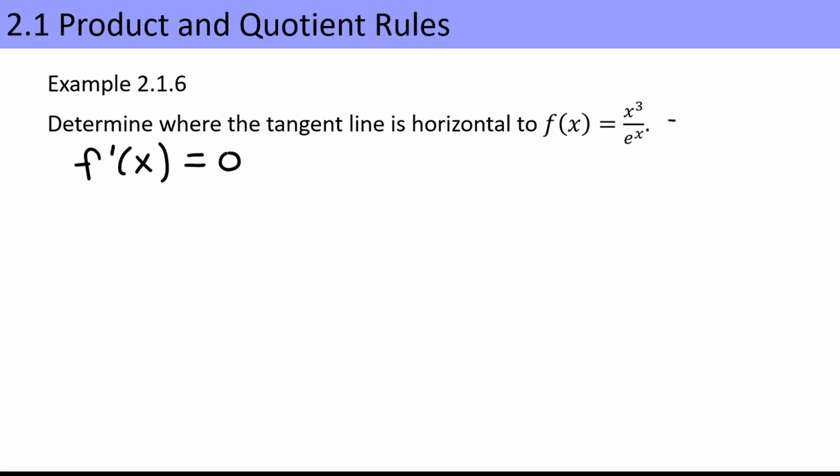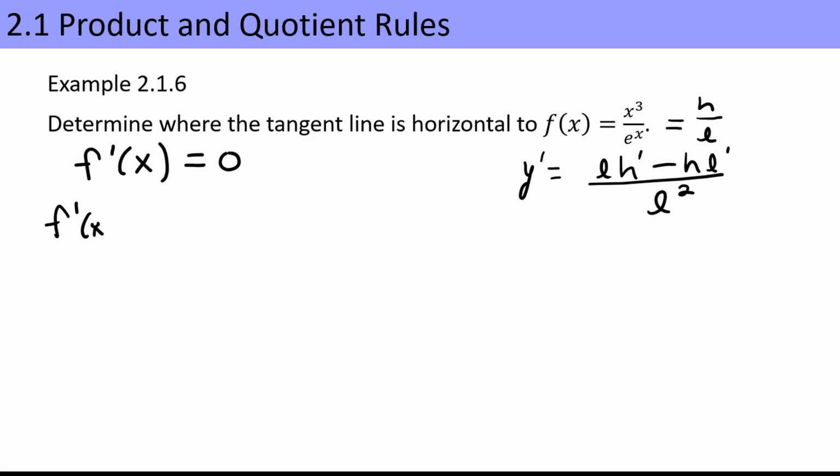This is going to require us to use the quotient rule, so let's do it again. High over low, and we know that the derivative of a quotient, we start with the bottom squared, so low squared, then we have low d high minus high d low. Let's compute.